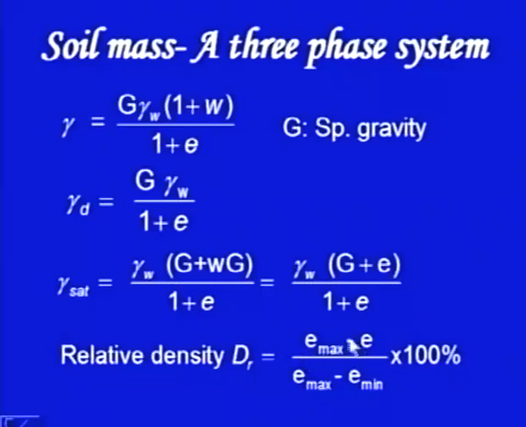This ratio, (e max minus e) upon (e max minus e min), represented as a percentage, will be termed as relative density.